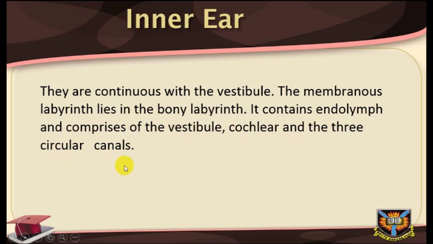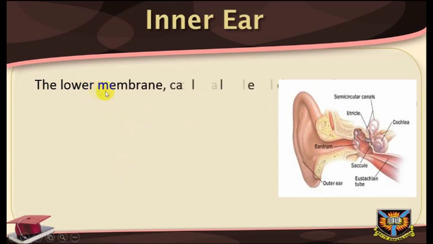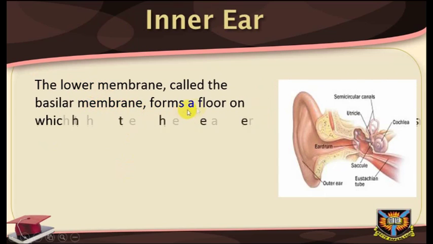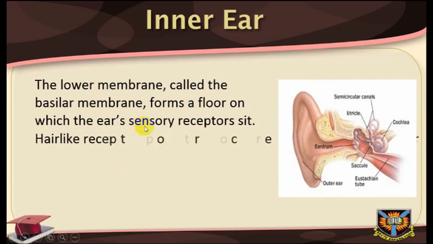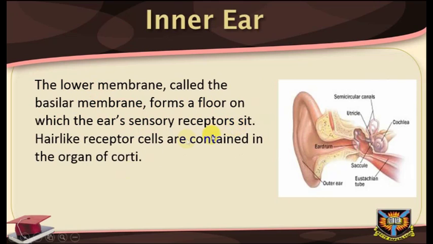Running almost the entire length of the cochlea are several layers of membranes: the scala vestibuli, the scala media, and the scala tympani, that separate two tubes. The lower membrane, called the basilar membrane, forms a floor on which the ear's sensory receptors sit.